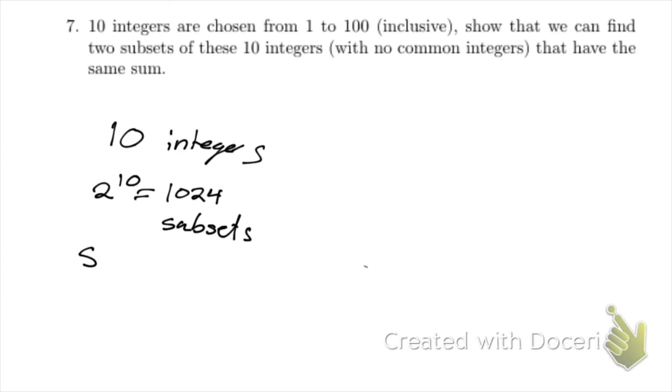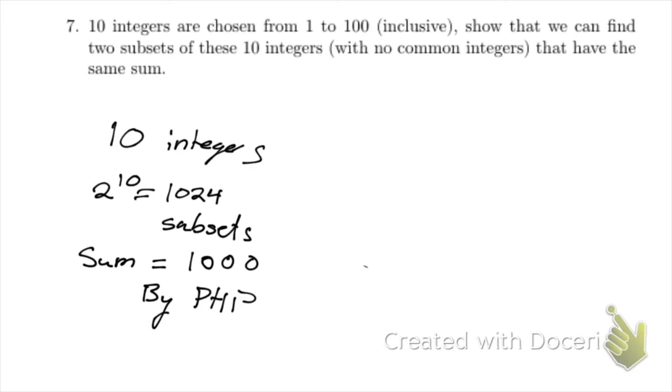Okay, so the largest sum equals 1000. So the number of possible sums is anywhere between 0 and 1000, but we have 1024 subsets. So by the pigeonhole principle, we can guarantee that at least two subsets are going to have the same sum.